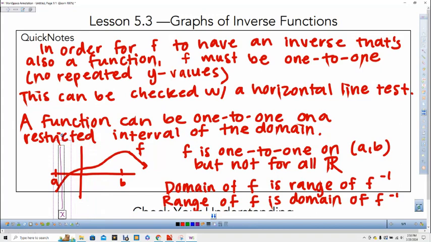Now, when we're looking for the horizontal line test, the vertical line test is a test for it to be a function. If we rotate this around, now that is not representing an x value anymore.